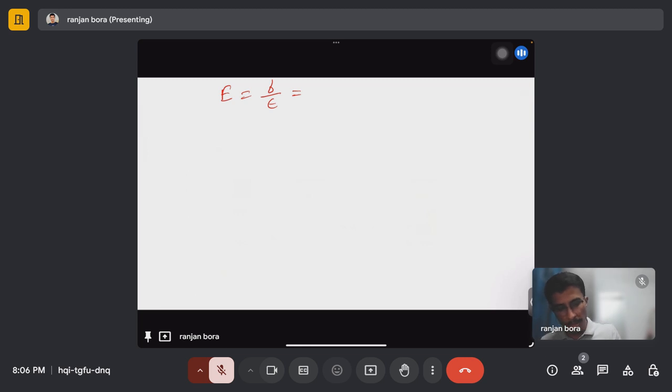Stress we have calculated as 123.7, and strain is 0.0075. If we do this, it is coming as 16.49 gigapascal.